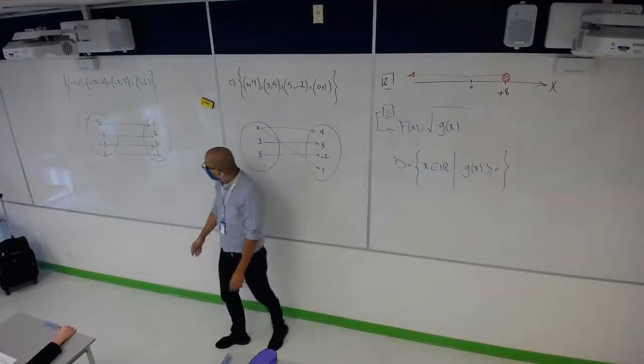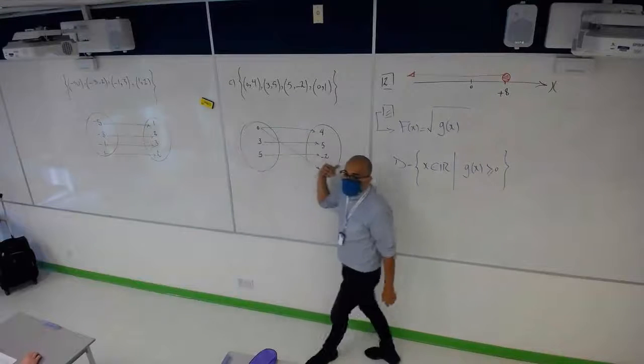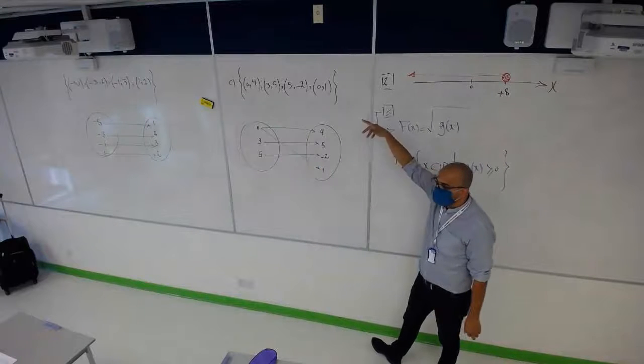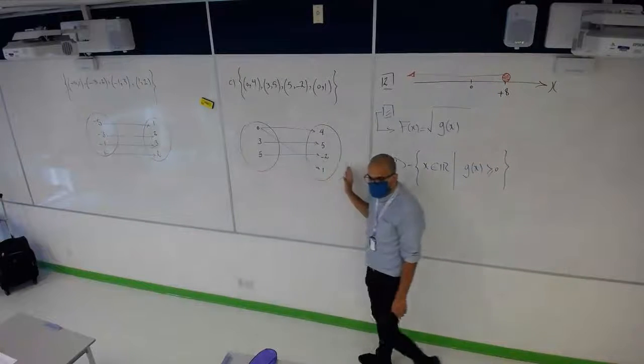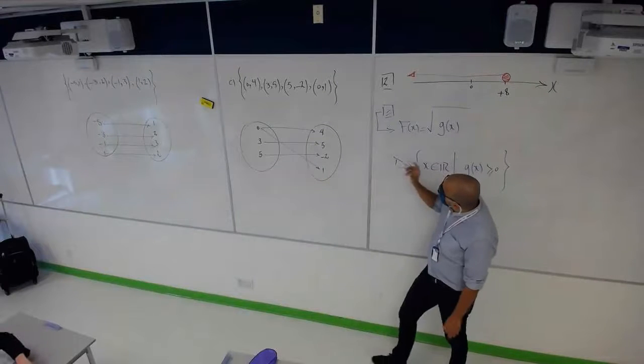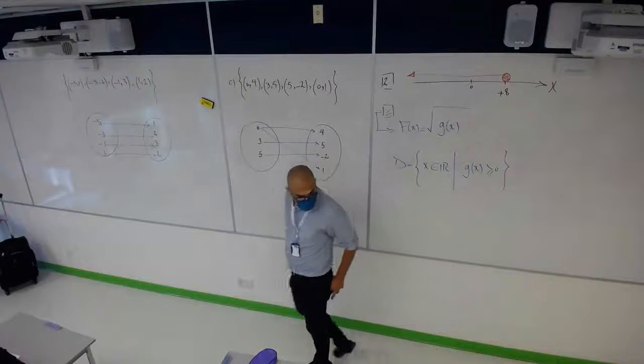Listen. I explained that to you at the beginning of the course when I showed that to the graph. And now, look at this one. This one is the same thing. I said that to you when you are having the domain and the range.